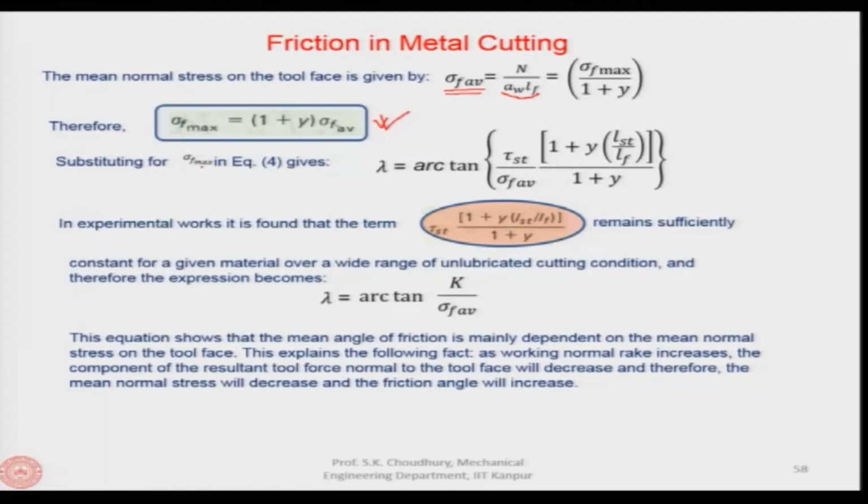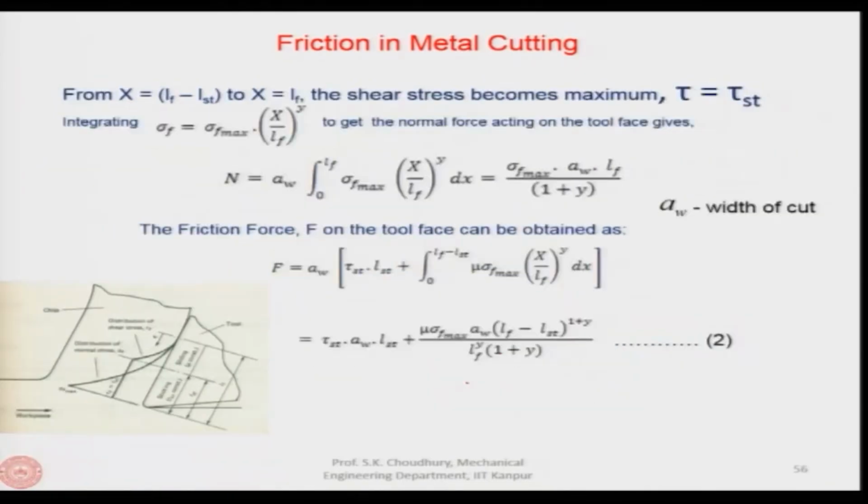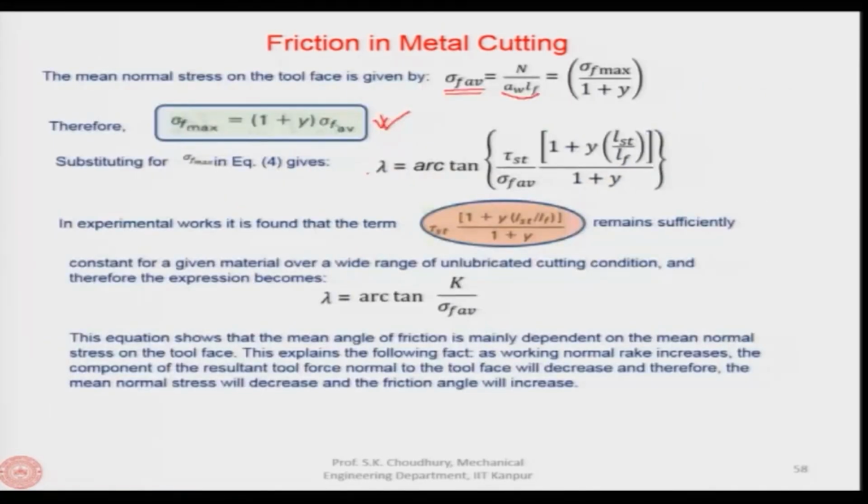Now, substituting sigma F max in the equation 4, in this equation we have the sigma F max, and this we are substituting, then we will be getting the value of the lambda through the arc tan, and this will be the arc tan of this value. Okay.